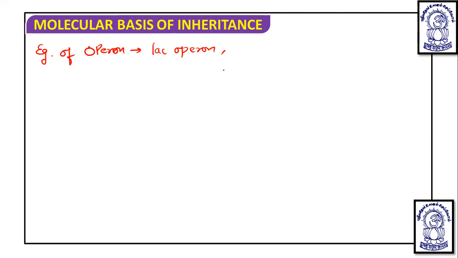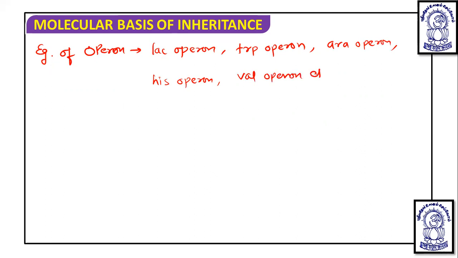Then the trp operon, meaning tryptophan operon. Ara means arabinose operon. Then the histidine operon, his operon. Valine operon, val, etc. Such operons are known.